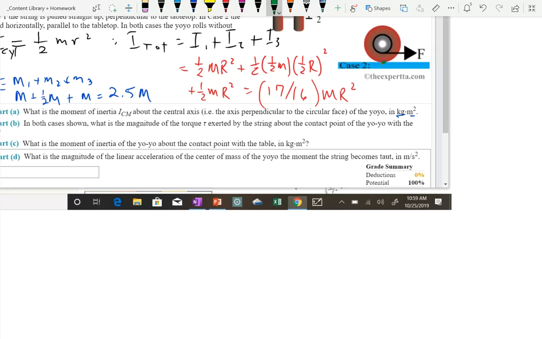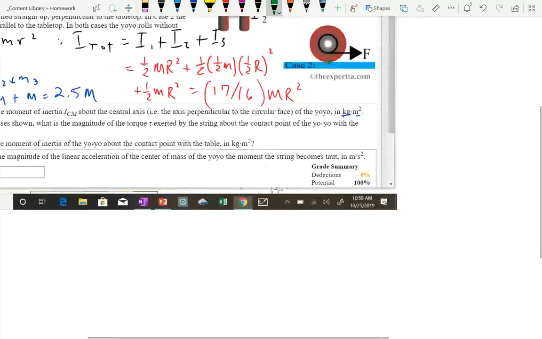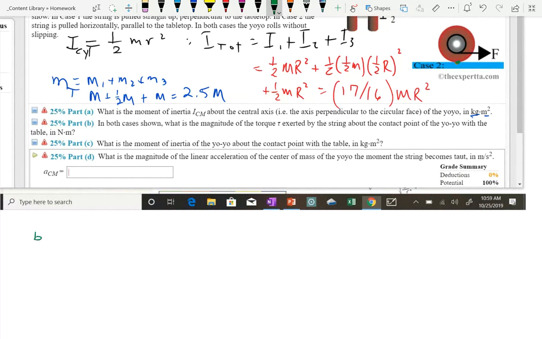So, how do you calculate a torque? Torque is equal to R cross F. Or the magnitude of the torque, because it says to find the magnitude of the torque, is equal to R perpendicular times the force.